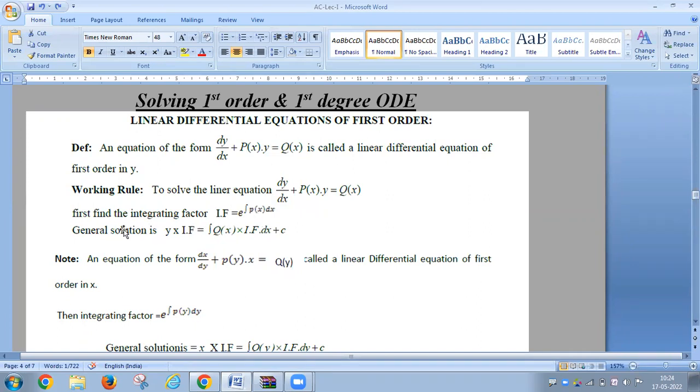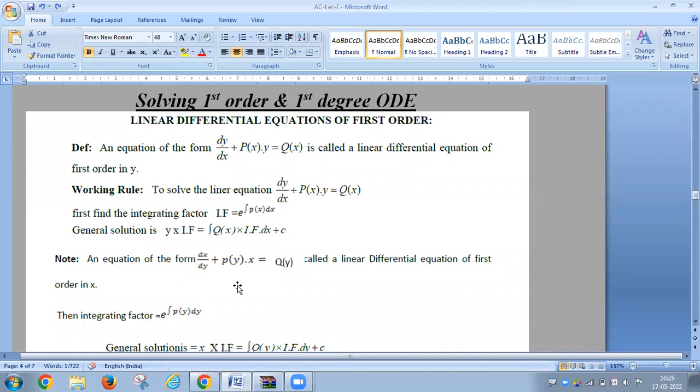Next, the solution of this equation is y into integrating factor equal to integral q into integrating factor dx plus c. This is the solution for the differential equation.